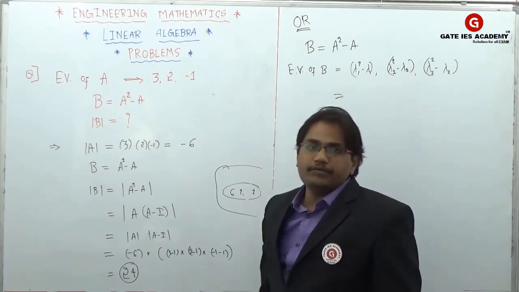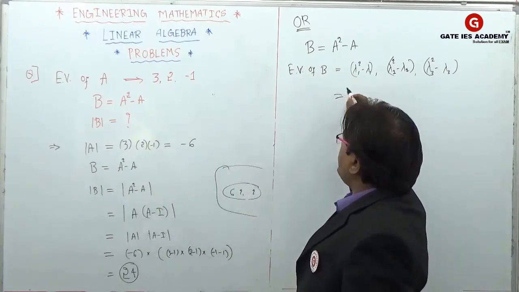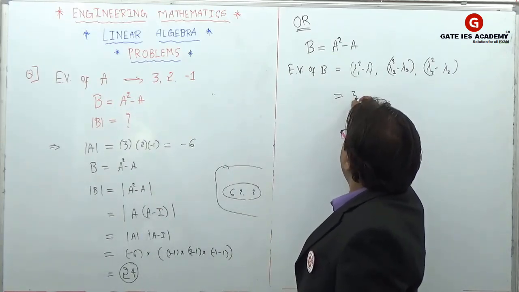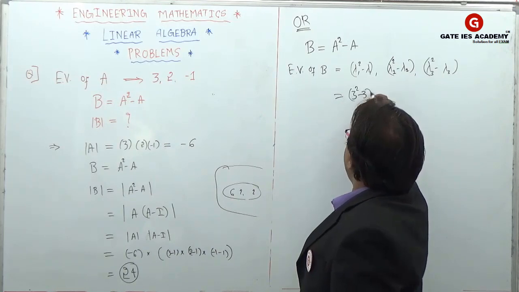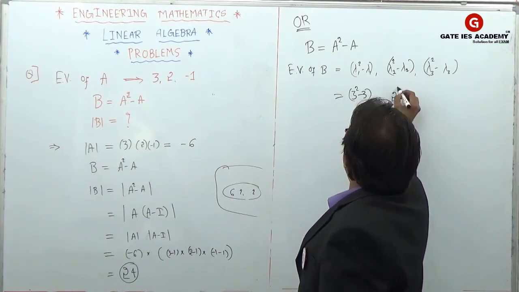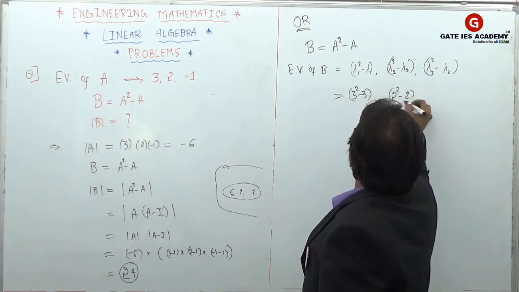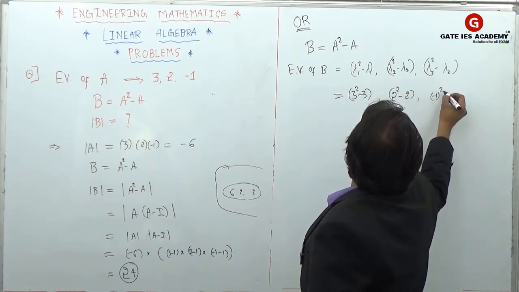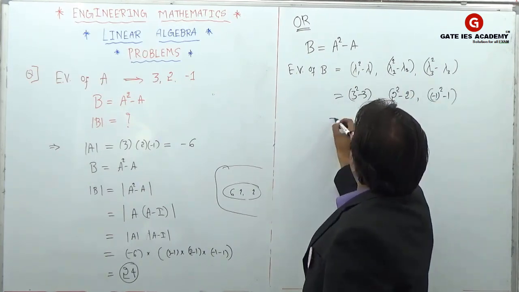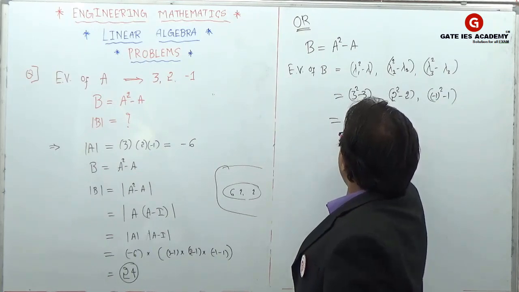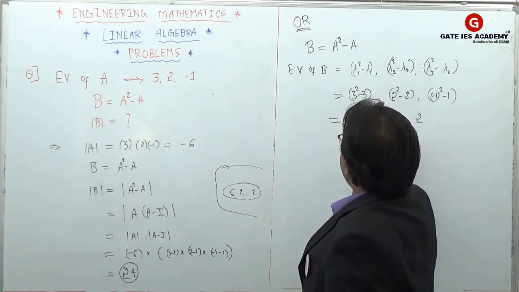So what is lambda 1? 3. 3 square minus 3, 2 square minus 2, minus 1 square minus minus 1. So it will be 6, 2 and 2.